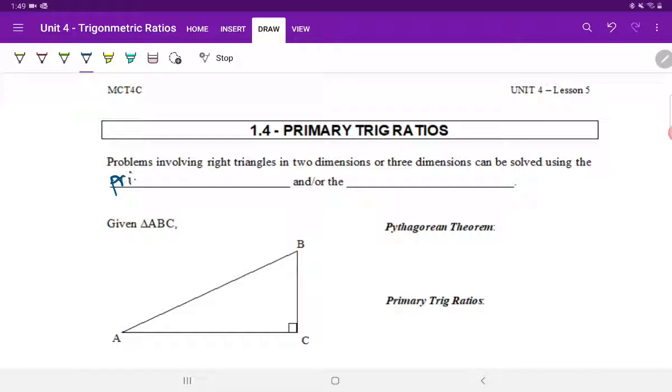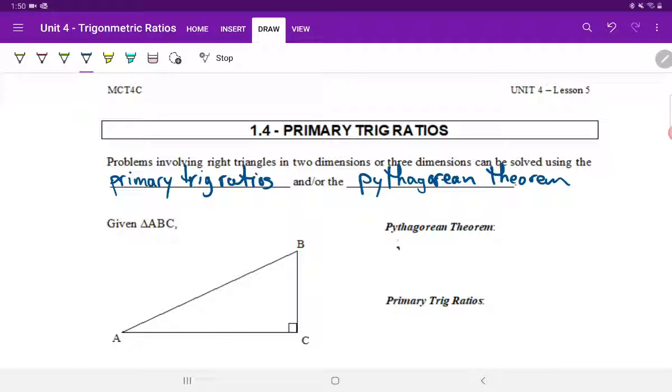So remember, the primary trig ratios, that's your sine, cos, and tan ratios, and the Pythagorean theorem, which I think we all know right off the top of our head by now.